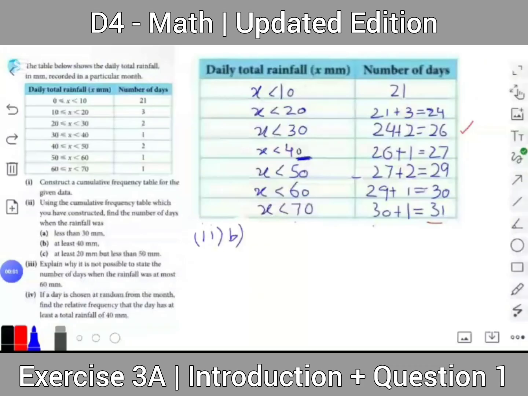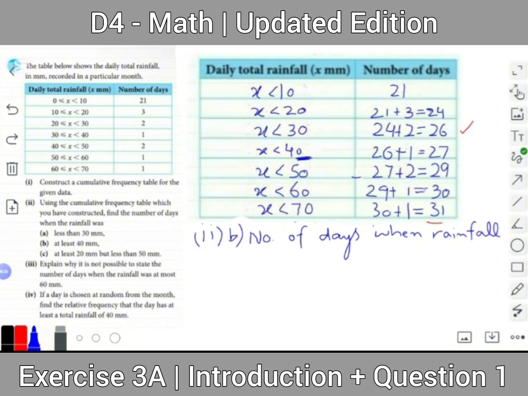Now in the part 2b, find the number of days when the rainfall was at least 40 millimeter.